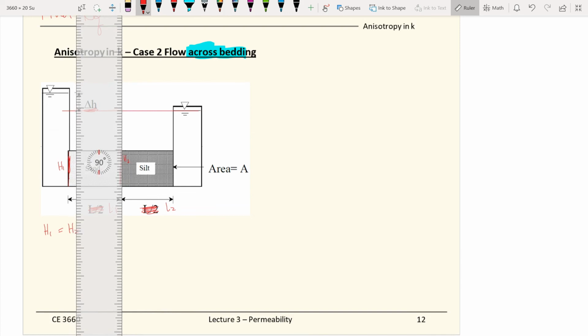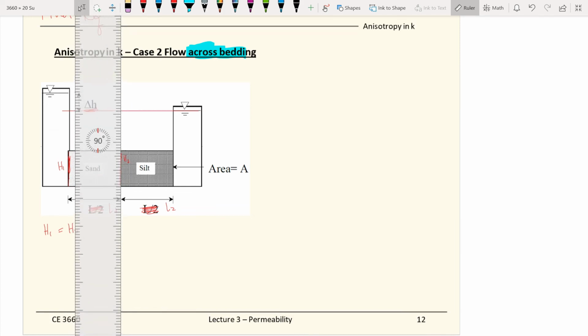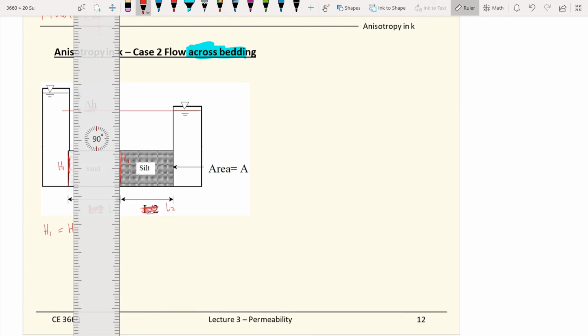We could imagine that of sand versus silt, silt is the one that more likely carries most of the energy, because water can drain through the sand much more easily than through the silt layer.